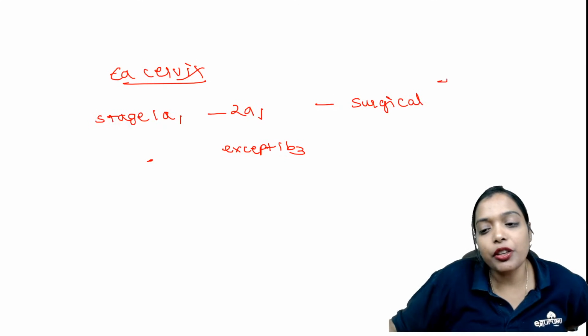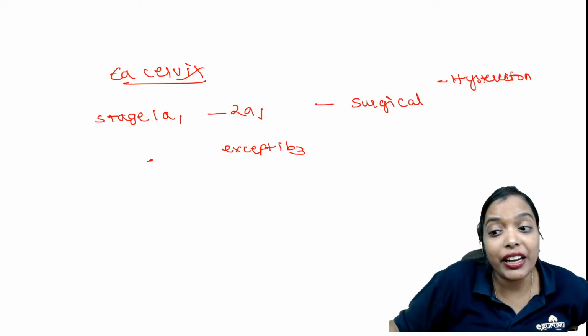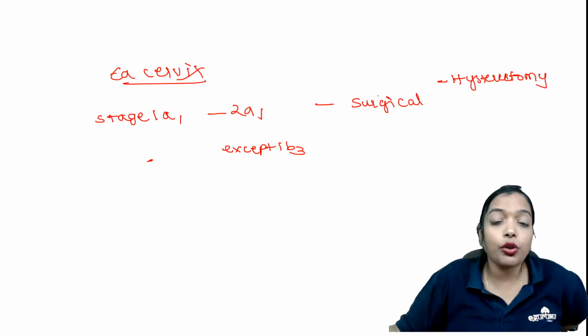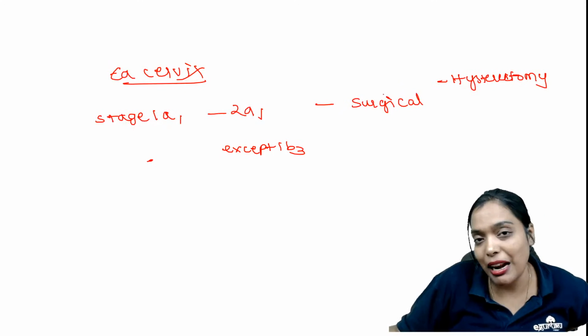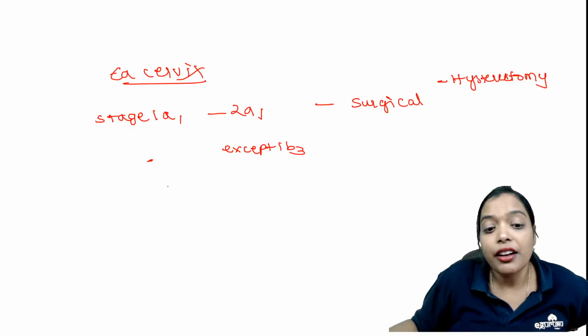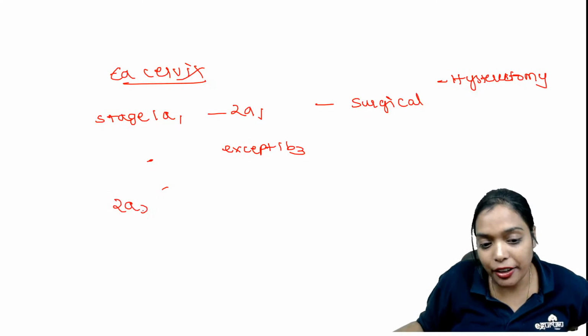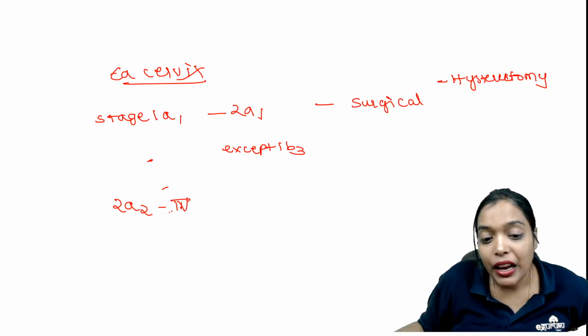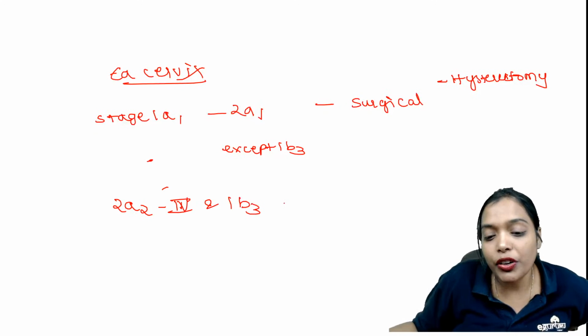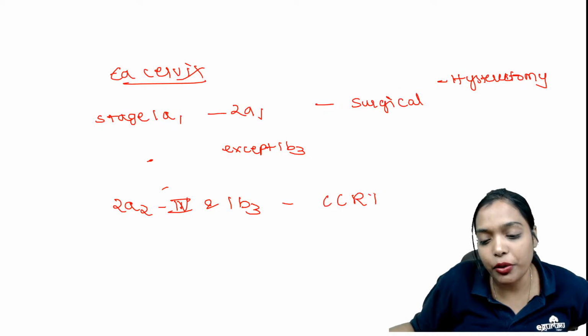And in surgical management, you mainly do hysterectomy and lymph node dissection, but you never touch the ovaries. You don't remove the ovaries in the surgical management of cancer cervix. From stage 1B3, 2A2 to 4, you will do concurrent chemoradiotherapy.